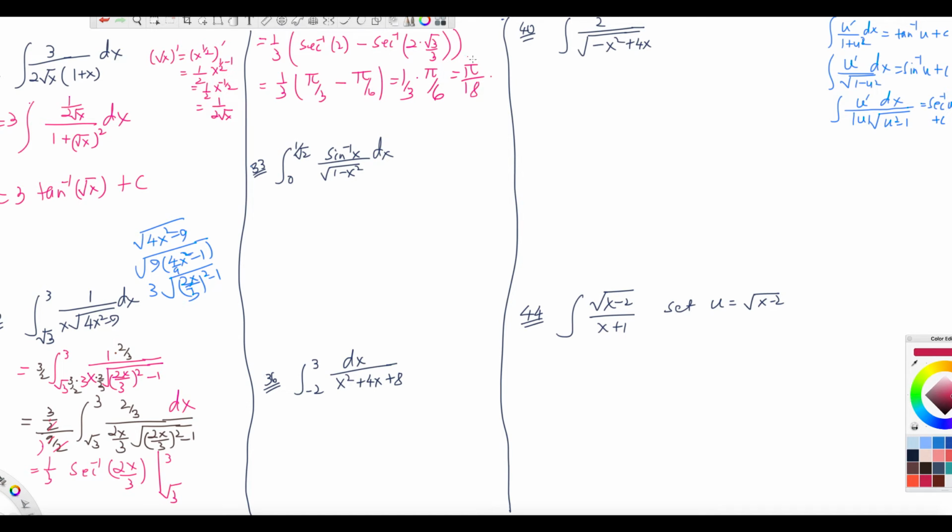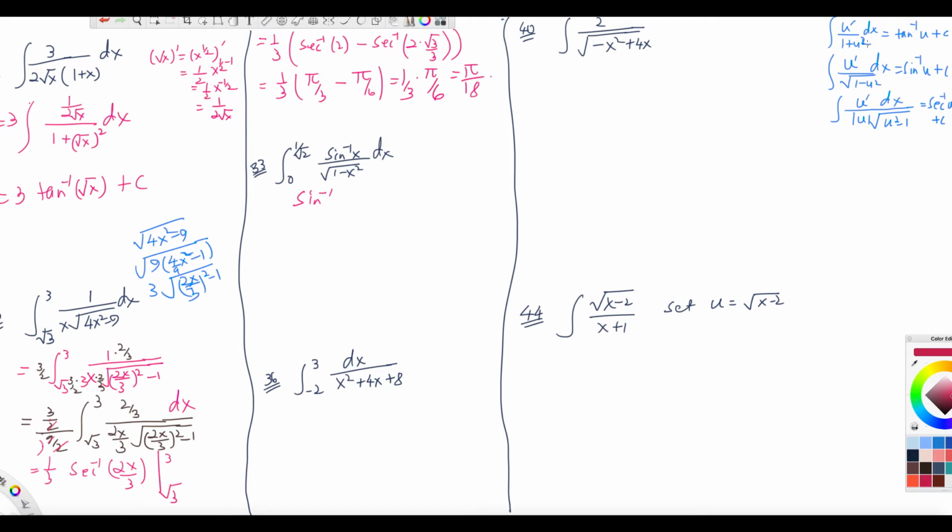Okay, guys? All right. Next example that I am going to take is question number 33 from the book. So here there is sine inverse x and there is 1 minus x squared. It looks like the derivative of sine inverse x is 1 over root of 1 minus x squared. So let's do substitution. Sine inverse, because it is like sine inverse u times u prime, right?